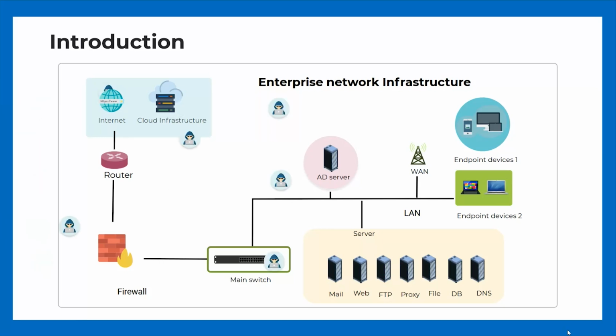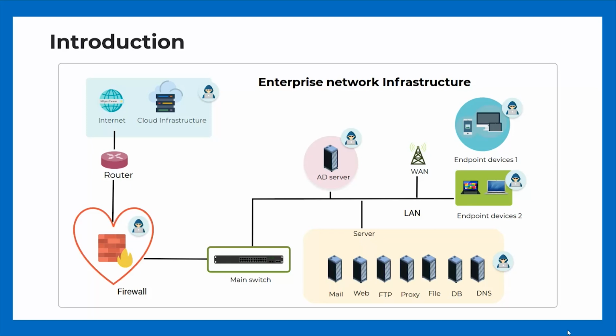But hackers can break into any of these devices, especially firewalls, because they are the core of any network security strategy. Once a hacker breaches the firewall, they can access your entire infrastructure. So today, our focus is specifically on firewalls and how Firewall Analyzer can enhance their management.